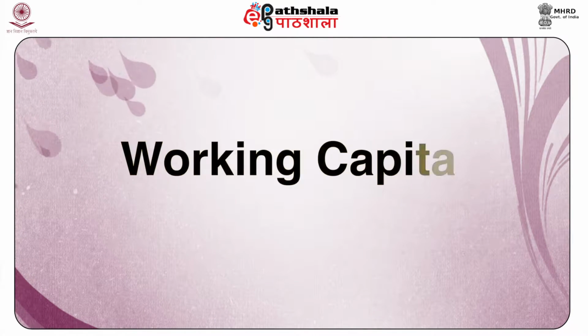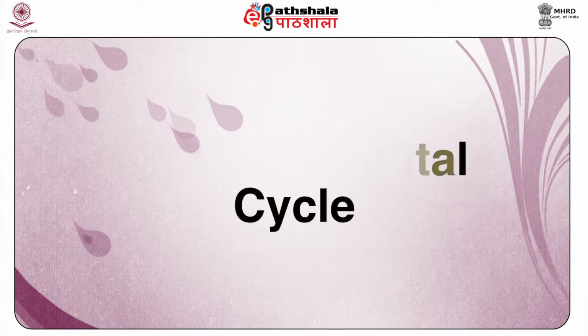Current ratio, which is ideally 2, and quick ratio, which is 1, is generally considered as adequate working capital. However, it may vary from industry to industry. Now let's begin with the working capital cycle.